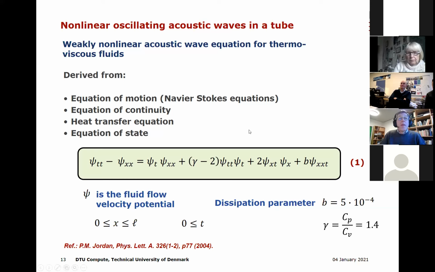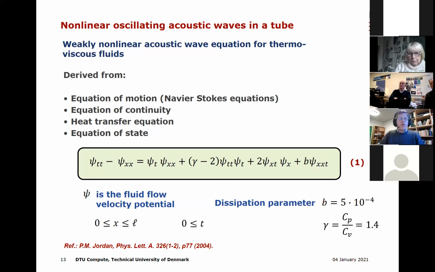And now you get a weakly nonlinear equation of the kind you see here in 1. You have a wave equation, and then with some nonlinear terms, and then you also have dissipative terms in B here. So you can balance dissipation and nonlinearity and get shock waves. Psi here is the fluid flow velocity potential.